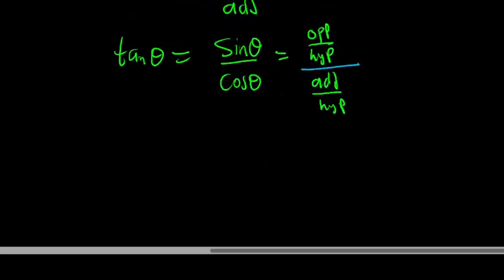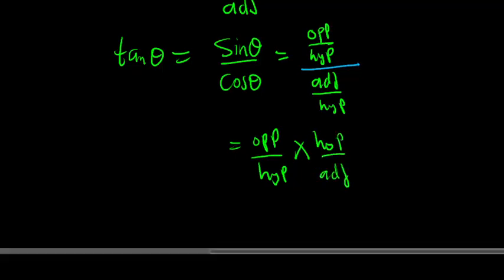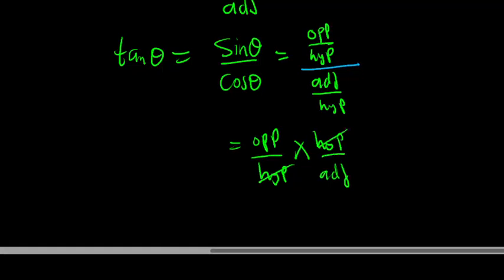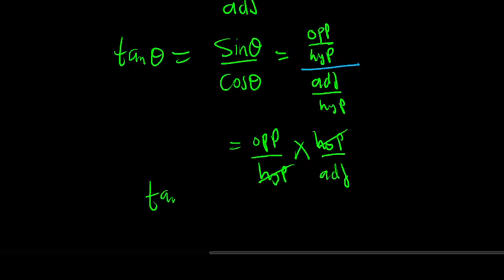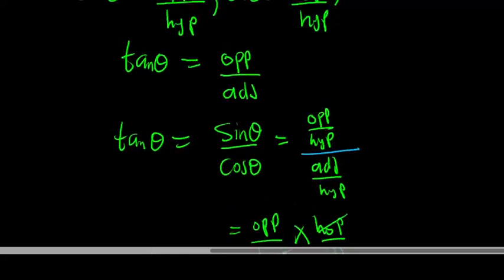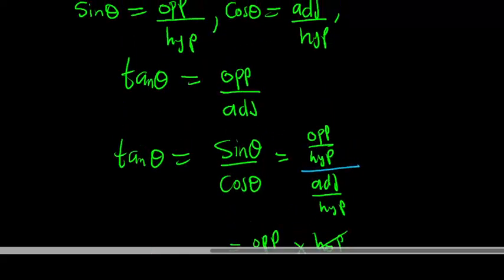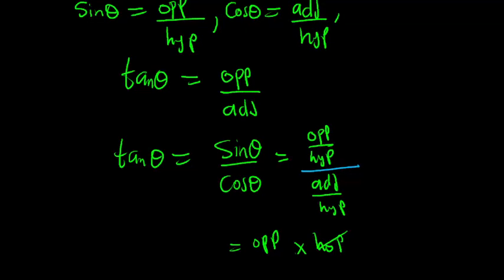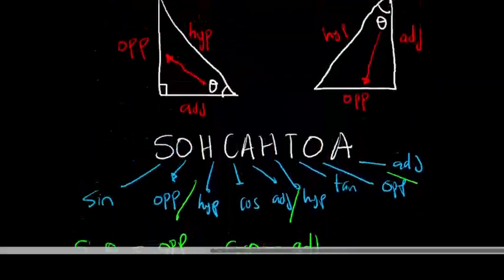So if you bring the two together, we have opposite over hypotenuse multiplied by hypotenuse over adjacent. So you can see that tan theta is equal to opposite over adjacent. Always put it at the back of your mind that you can also relate sine theta, cos theta, and tan theta together. This is very, very simple.